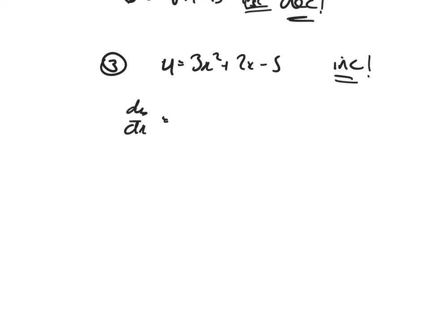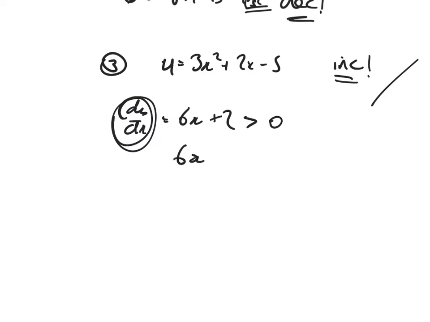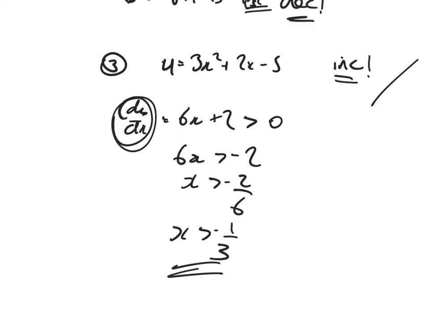That's the first thing that the question's telling me to do, which will give me 6x plus 2. I now know that the function is increasing, which means the gradient is greater than 0. So I've now got 6x plus 2 is greater than 0, which is a linear inequality from National 5. Let's go ahead and solve that. And the interval is when x is greater than minus 1/3.